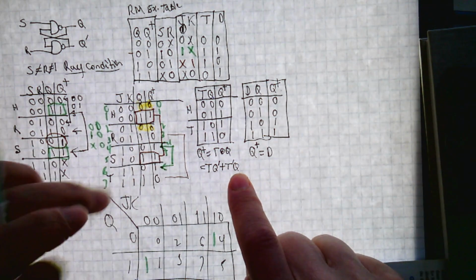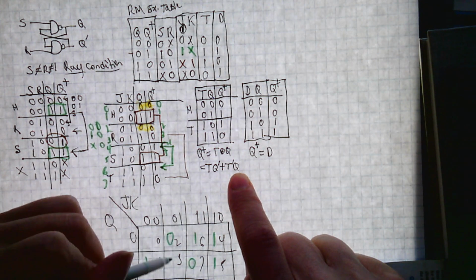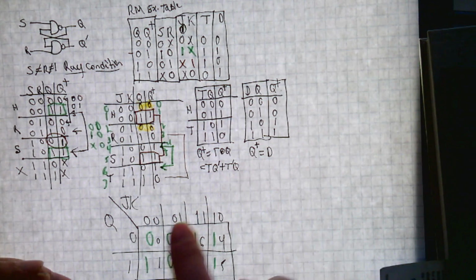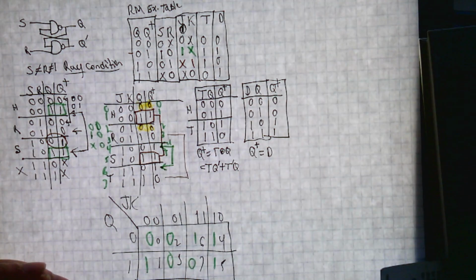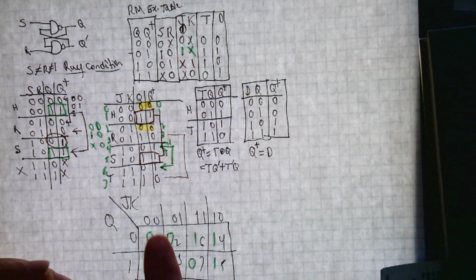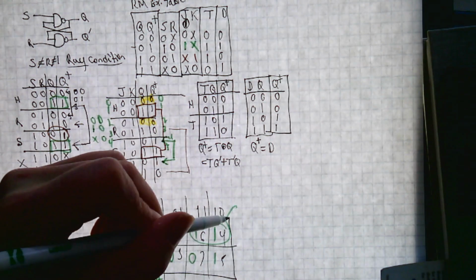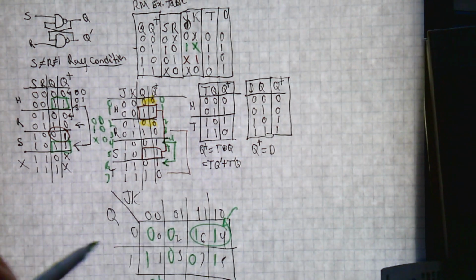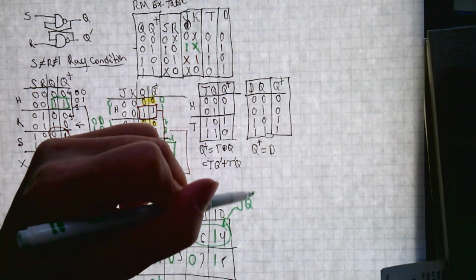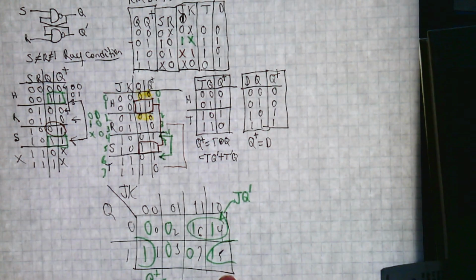There's a 1 on 5 and a 1 on 6 and a 0 on 7. 0, 2, and 3 are all 0. 7 is a 0. So now I can loop. And that's going to be J Q prime. And I can loop again. And that's equal to JQ.